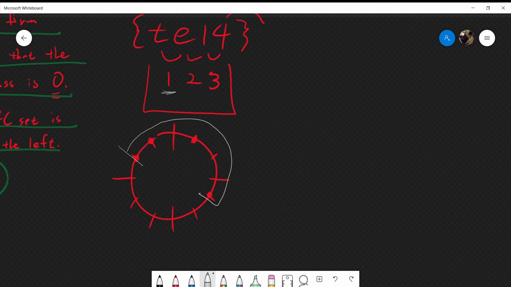So basically what you need to do is you recount it starting here as 0, and then you just add whatever the step is that takes you to the next one. So 0, 1, 2, 3, 4, 5, 6. So the prime form for 10, 11, 1, 4 is 0, 1, 3, 6.